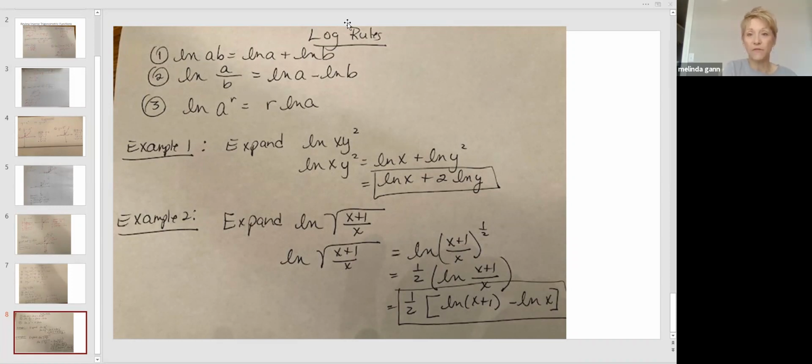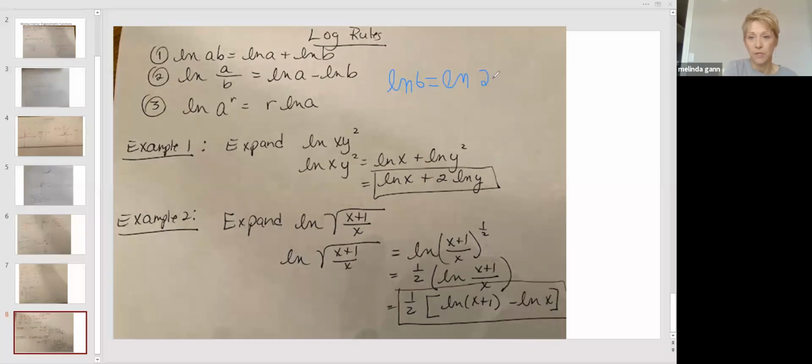Now, in order to convince you of that, here's what I would suggest that you do. All right. The natural log is 6. Now, do we agree that 6 is 2 times 3?